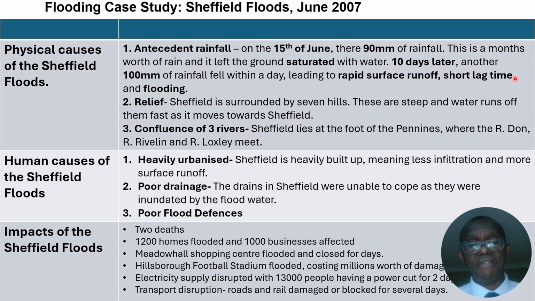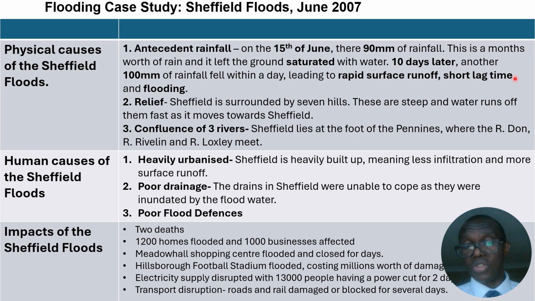Then we have the fact that Sheffield, in this particular area, is at the confluence of 3 rivers. Now, a confluence is the point at which either 2 rivers meet, or a stream meets the river, or a tributary joins the main river.